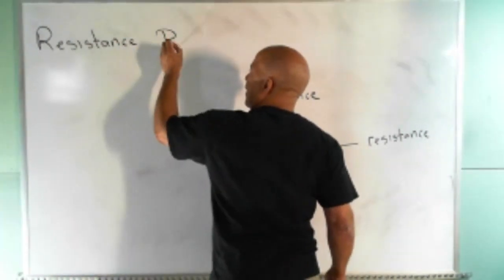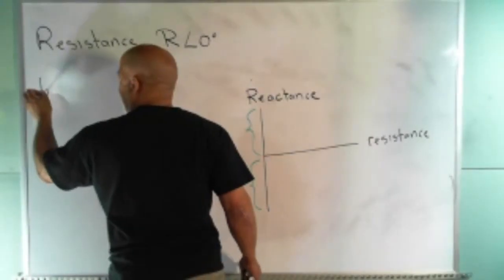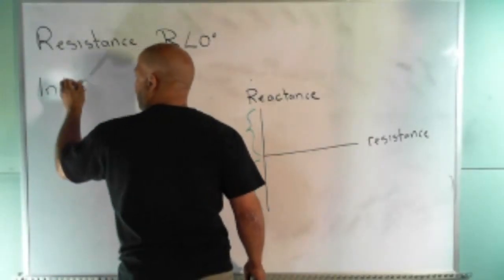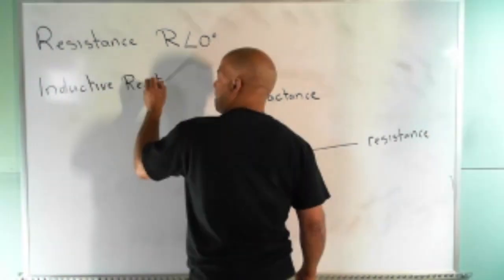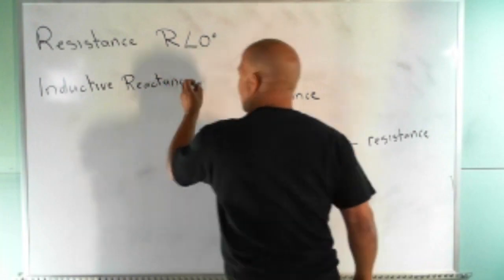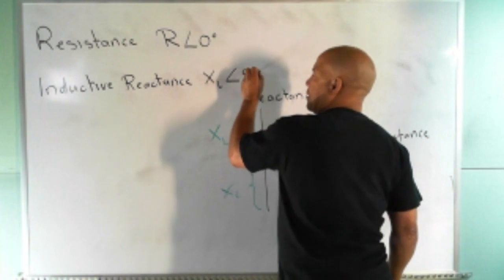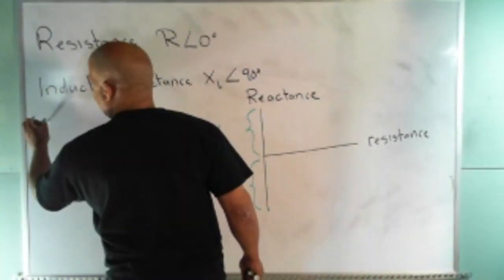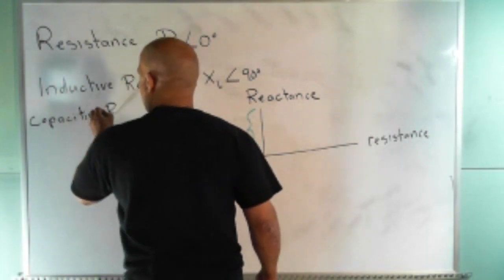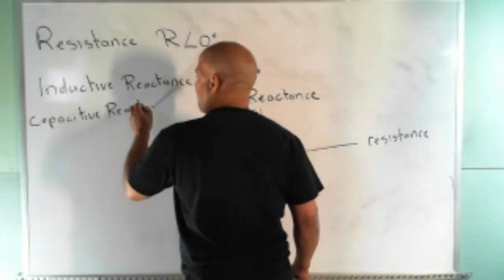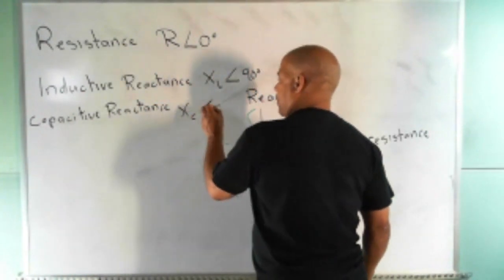Resistance has a phase angle of 0 degrees. I have inductive reactance. That's XL. It has a phase of 90 degrees. And I have capacitive reactance, XC, and it has a phase of minus 90 degrees.